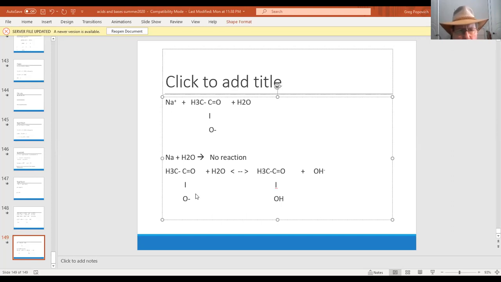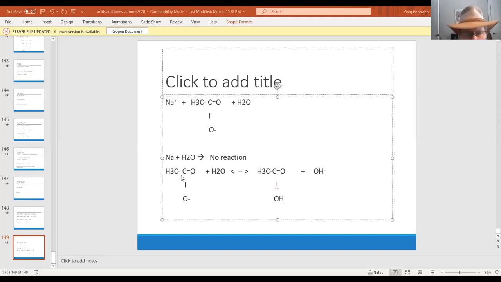In other words, if I'm looking at an acetate here, these 3 hydrogens bonded to the carbon are bonded covalently. They don't act as acids. They stick with carbon the whole time. It is only the one that is linked to the oxygen, the single bonded oxygen, that is the only one that is titratable.